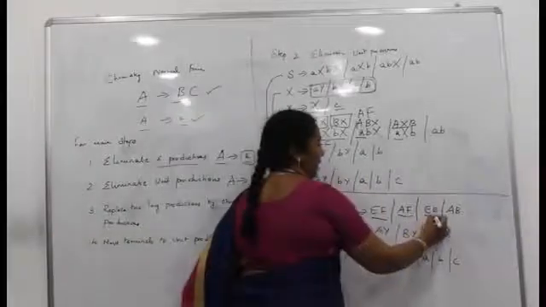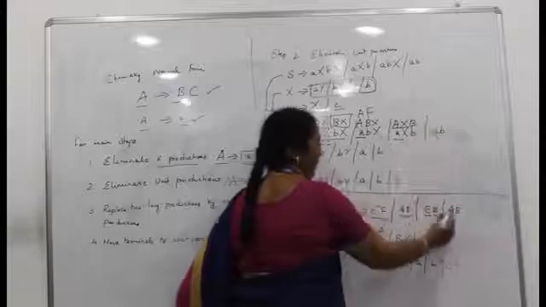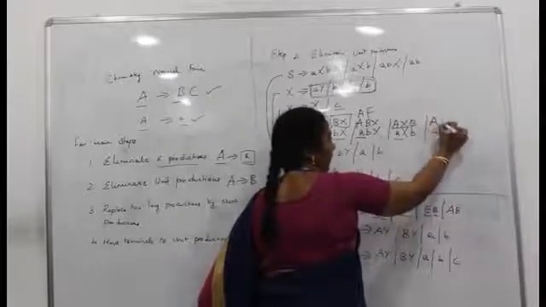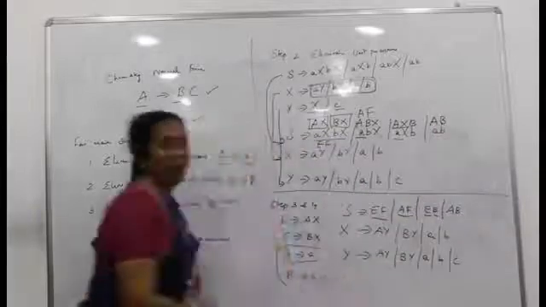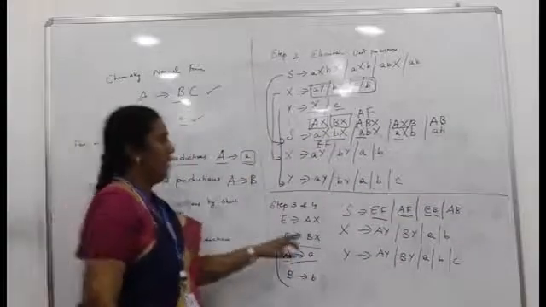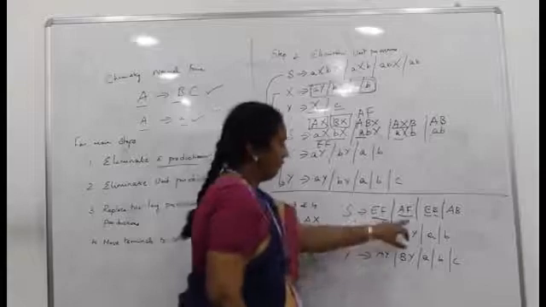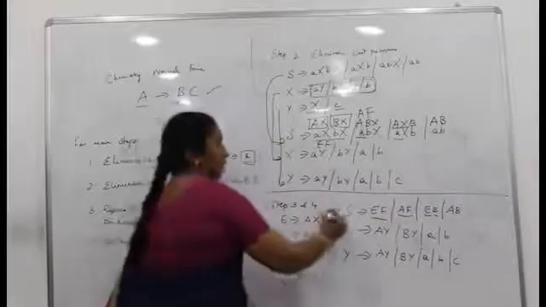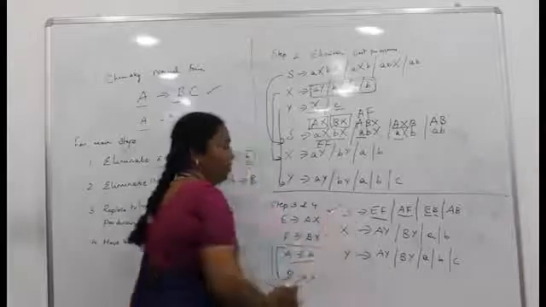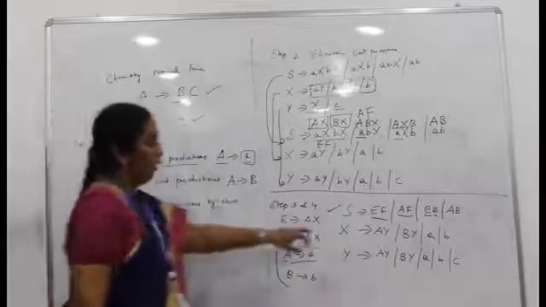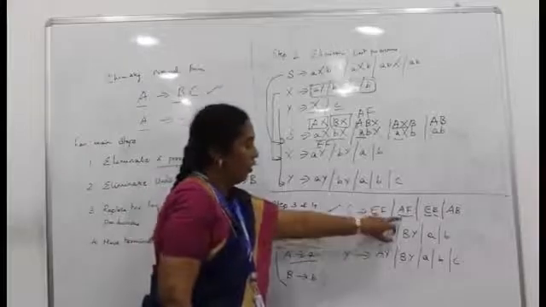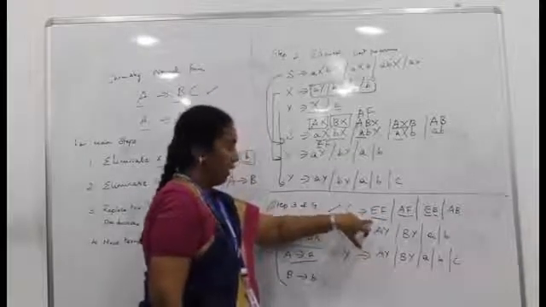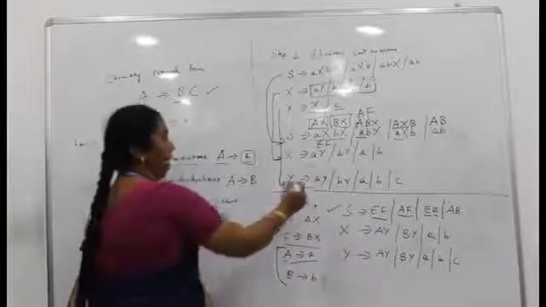So we will get E followed by B. The next thing, we can replace a with the terminal A and the variable B. So we will get S gives EF, S gives AF, S gives EB and S gives AB. If you check this one, this production is in Chomsky normal form, because on the right hand side we should have either 2 variables or a terminal. So we are having 2 variables over there. Now we are going to the next part.